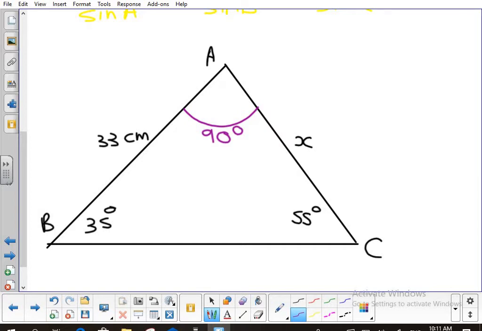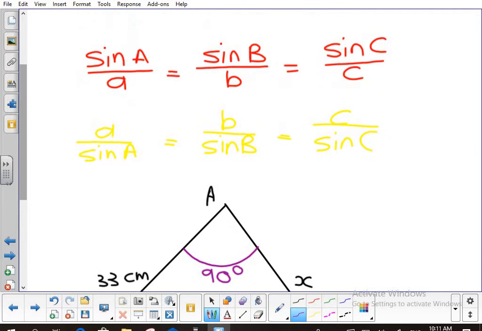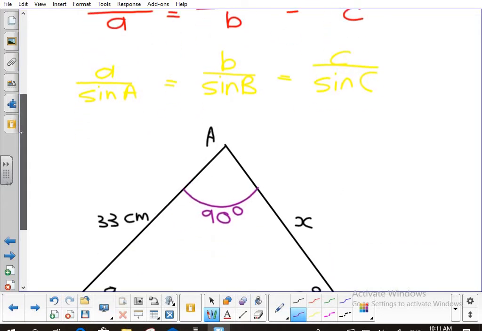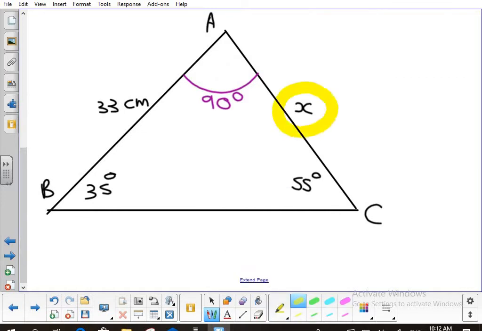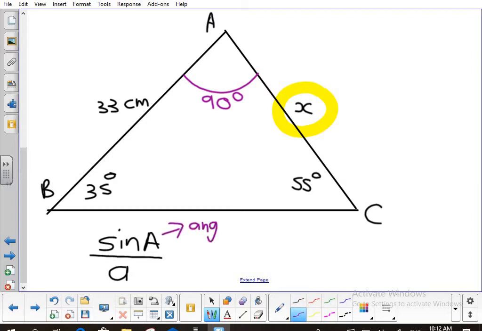So the rule says sin A over a, sin B over b, sin C over c. Now I'm looking for X in the sketch that was provided. Remember, in any triangle, if I speak of the sin of A over a, a capital letter is an angle, and lowercase is the side opposite the angle.